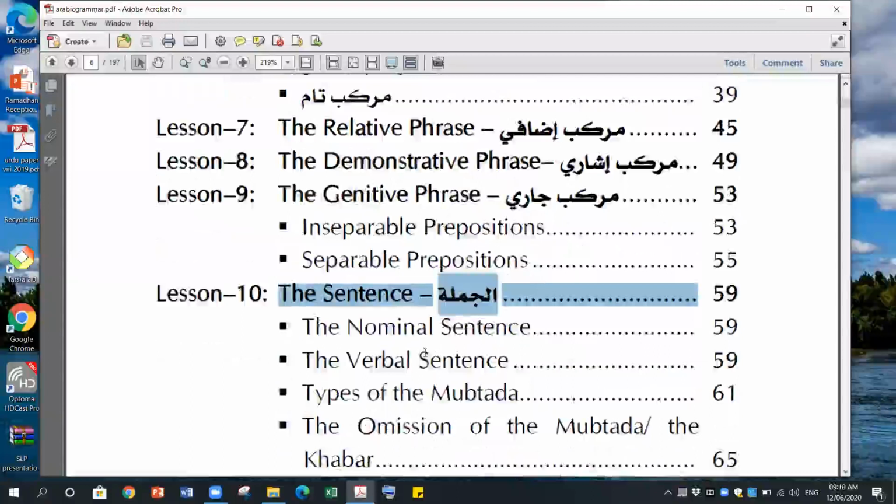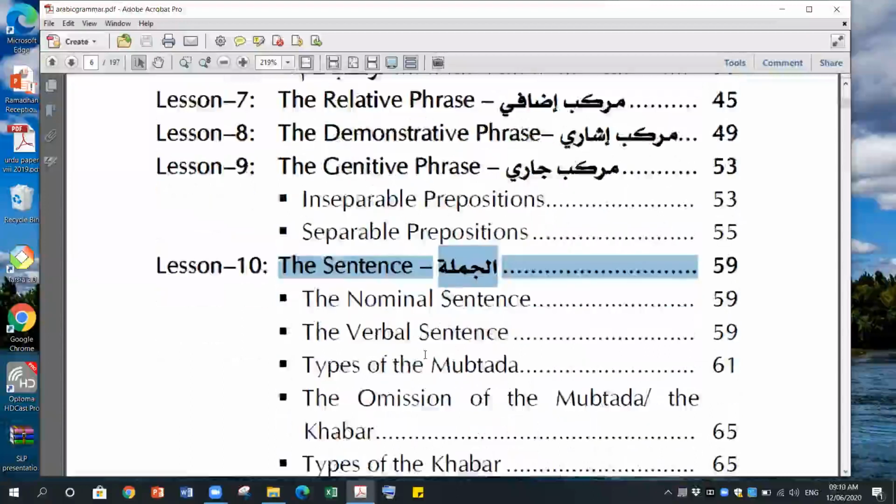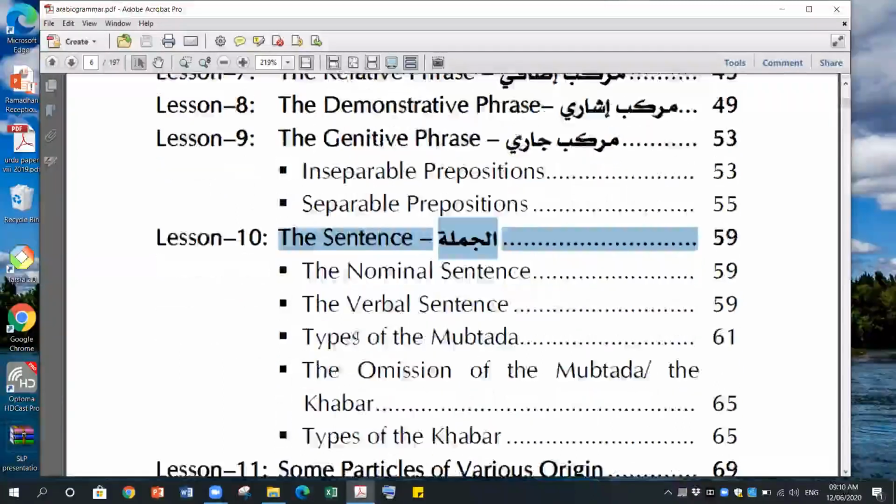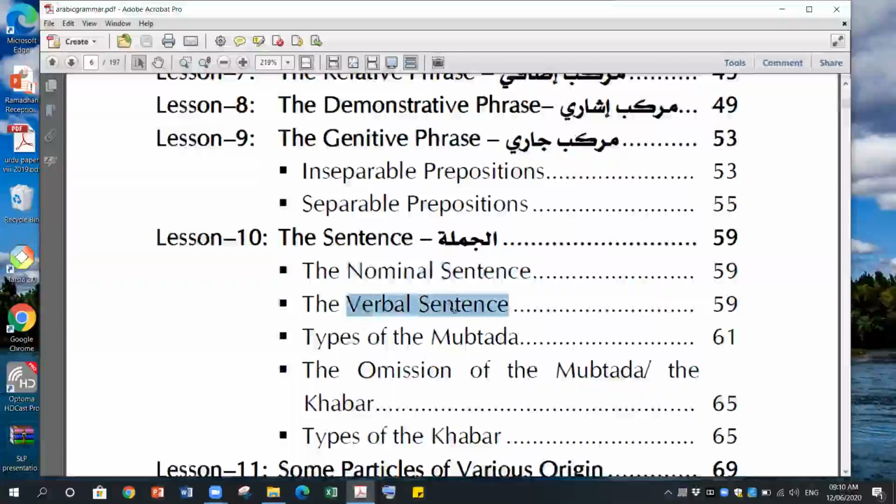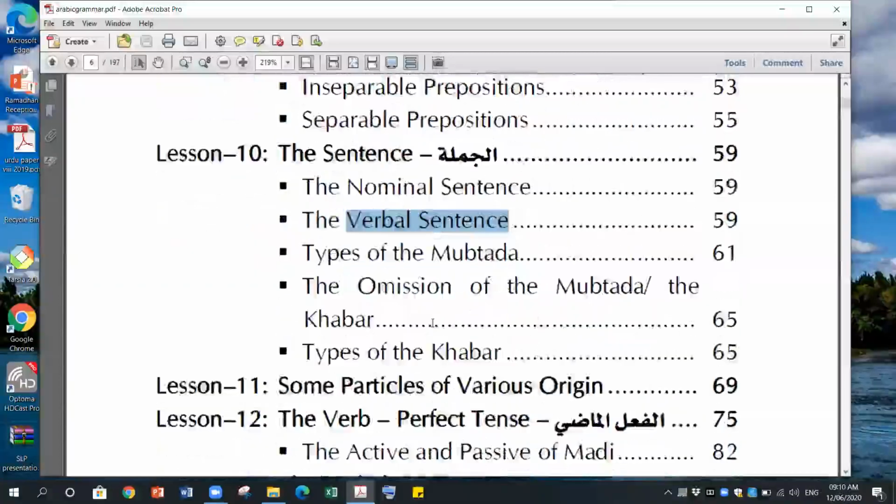And then we saw that in sentence there are two types of sentences, right? Mainly there are two types of sentences. What is the first one? It's nominal sentence. The sentence which starts with a noun is called nominal sentence, and a sentence which starts with a verb is called verbal sentence. These are the two main categories of sentence. And of nominal sentence we saw this is mubtada and khabar, the two parts of nominal sentences we discussed.